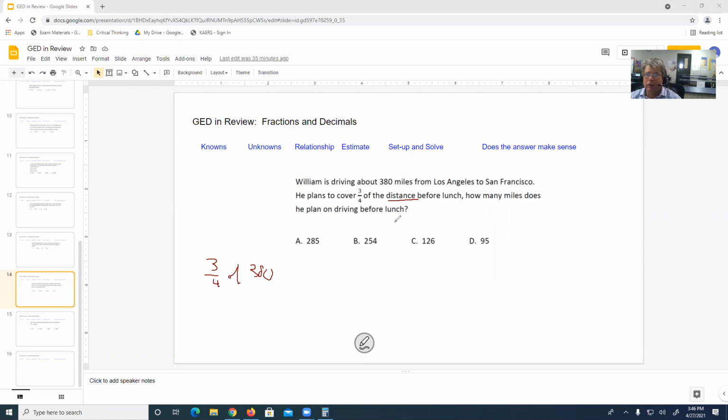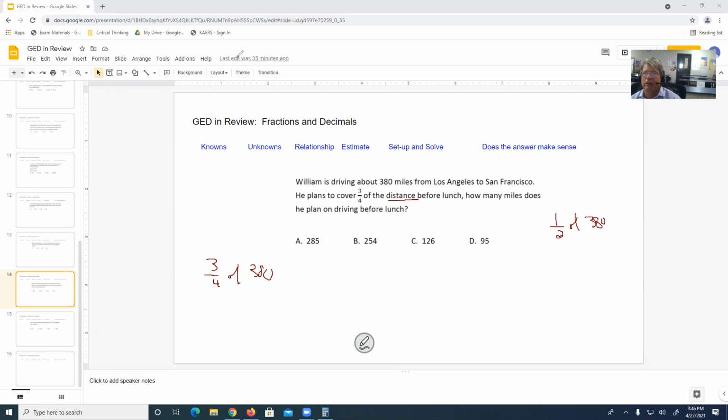So what I've got to do is figure out what is 3/4 of 380. Well, I could do half of 380, because to take half of something means to divide by 2.